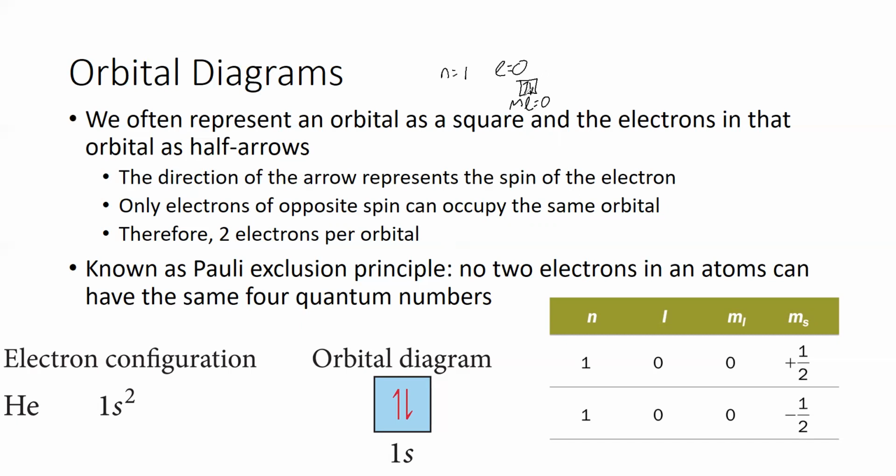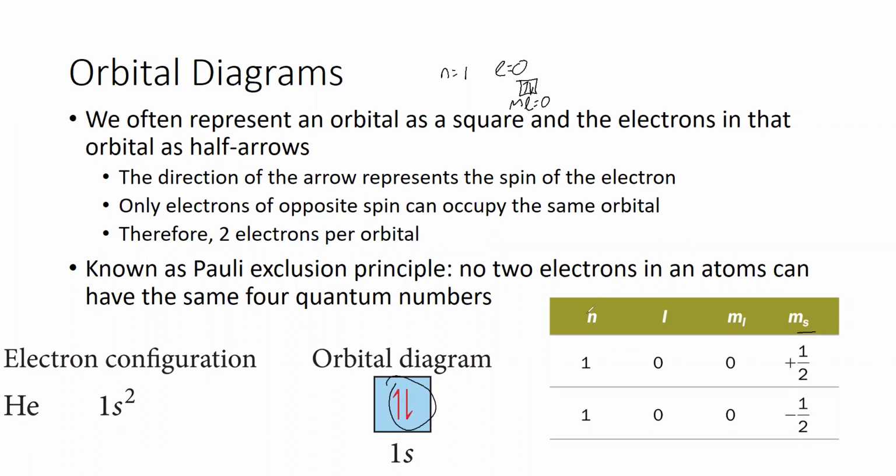When we draw orbital diagrams, we put an arrow up and then an arrow down, and they're always half arrows. Each arrow represents 1 electron, and the up and down is another quantum number called spin, m sub S. With m sub S, we've talked about all 4 quantum numbers we need to describe an electron.